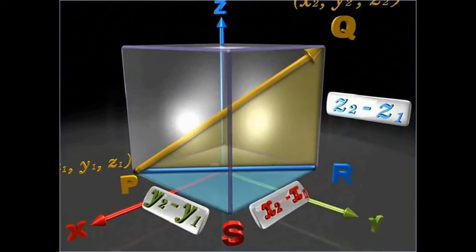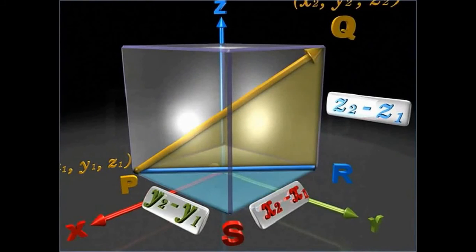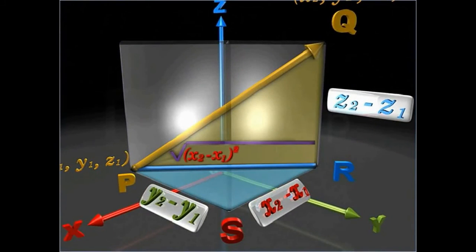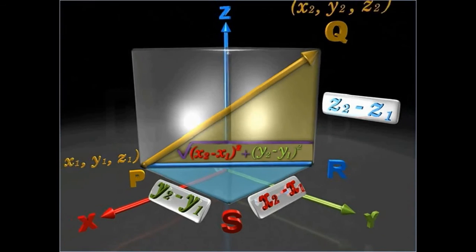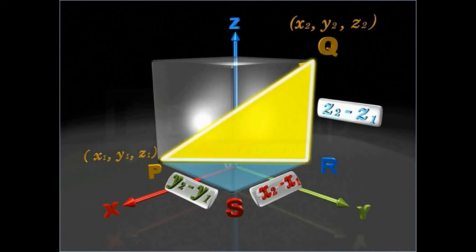Applying Pythagoras theorem to the right triangle PRS, you get PR as the square root of (x2 minus x1) whole square plus (y2 minus y1) whole square. The hypotenuse of this triangle forms the base of triangle PQR.